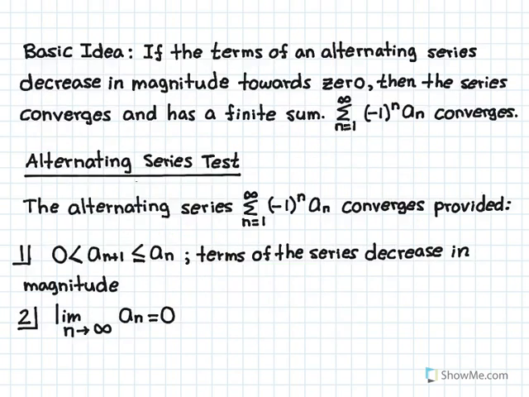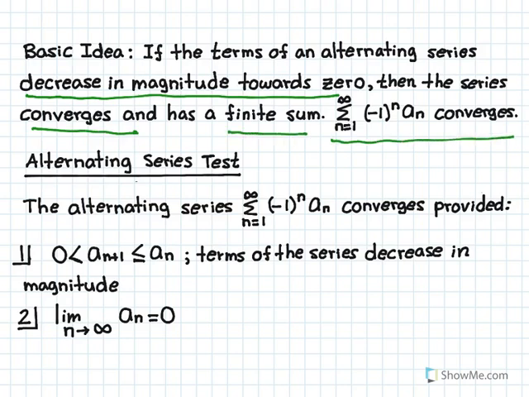All right, so the basic idea is if the terms of an alternating series decrease in magnitude towards 0, then the series converges and has a finite sum. And we say summation n equals 1 to infinity, negative 1 to the n times a_n converges.